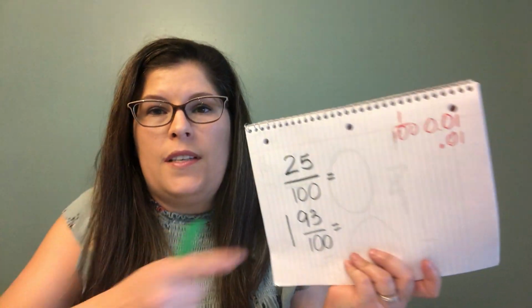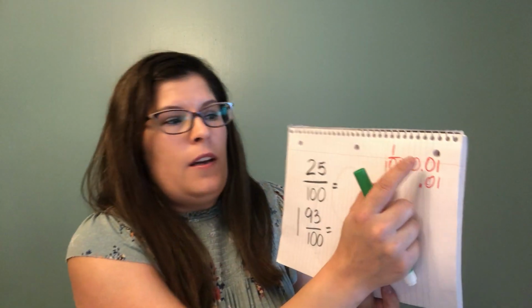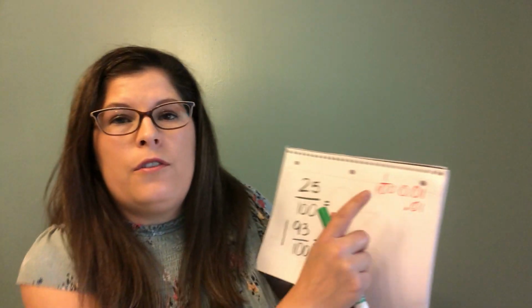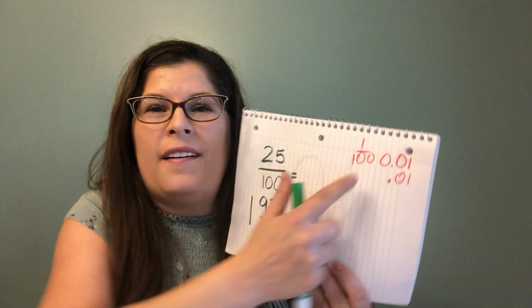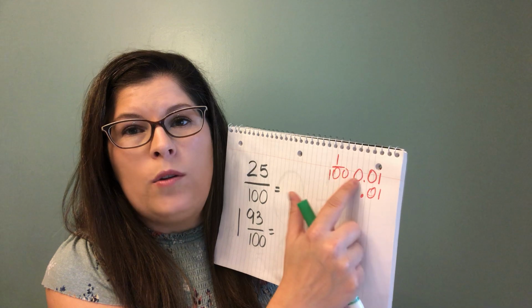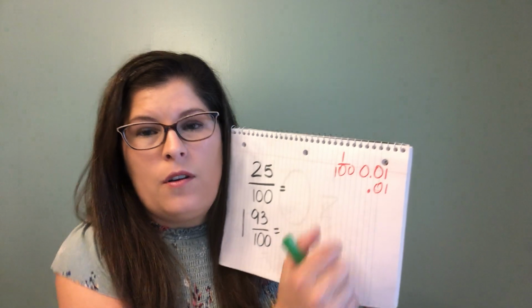Okay, so the example they give you is 49 out of 100, which equals 0, because that number, this number that comes to the left side of your decimal point, those are for whole numbers. These are for pieces, and this is for whole numbers, okay?